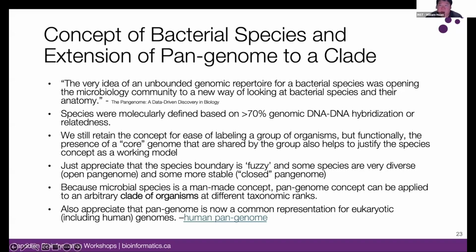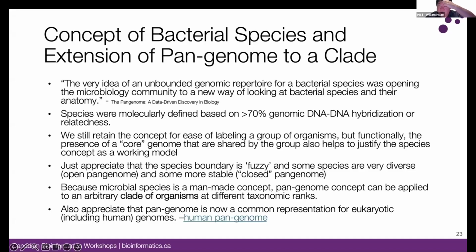This also affects how we interpret bacterial species. There's another quote that says the very idea of an unbound genome repertoire for bacterial species was opening the microbiology communities to a new way of looking at bacterial species and their anatomy, right?